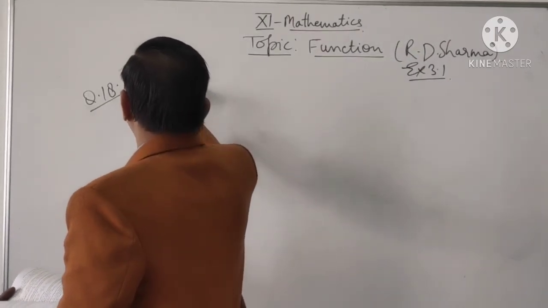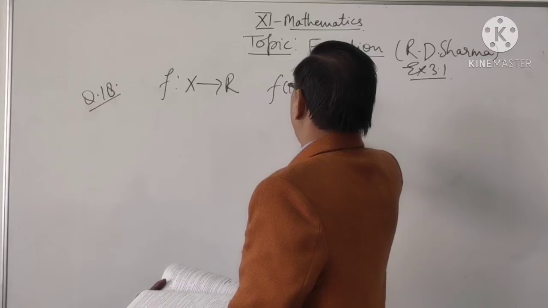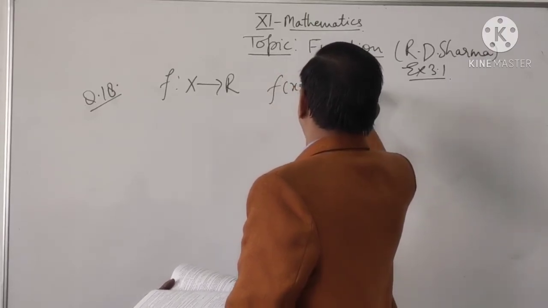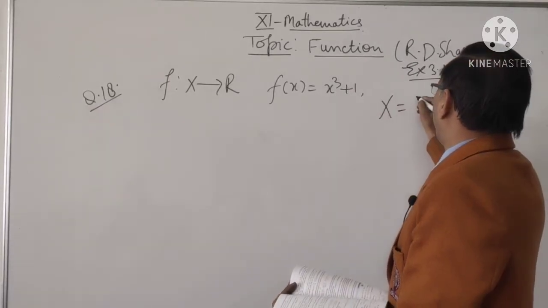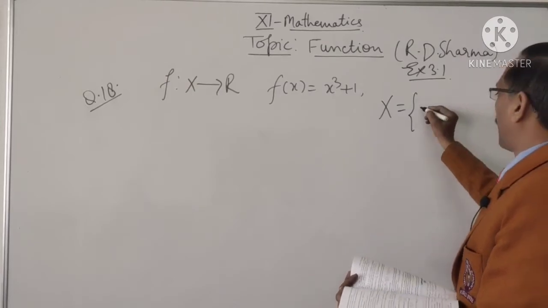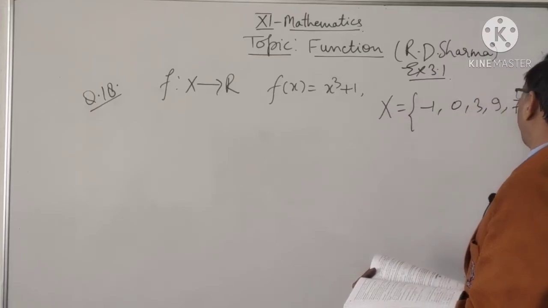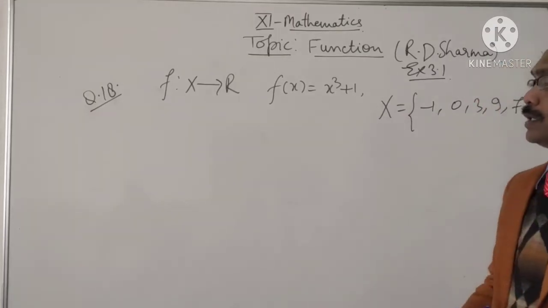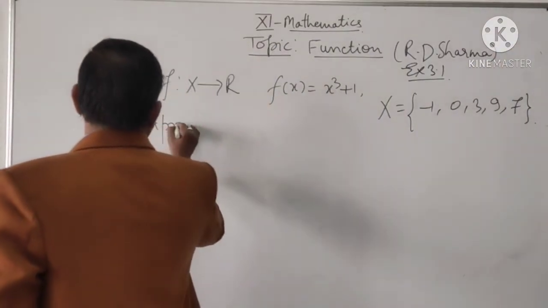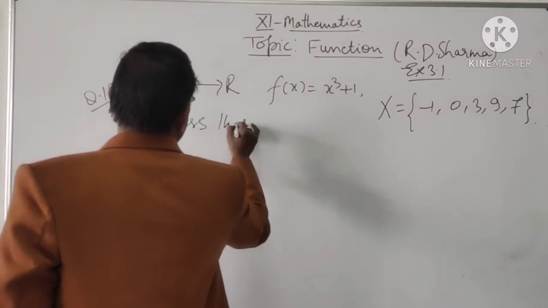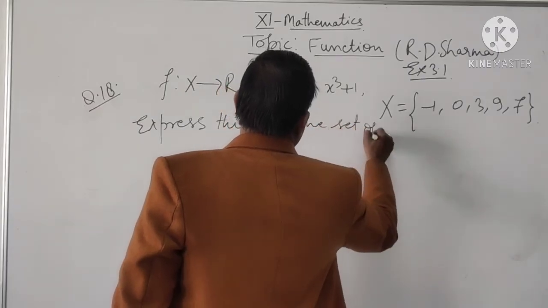Express the function f given by f(x) equal to x cube plus 1 as a set of ordered pairs, where x equals minus 1, 0, 3, 9 and 7. Express this function as a set of ordered pairs.